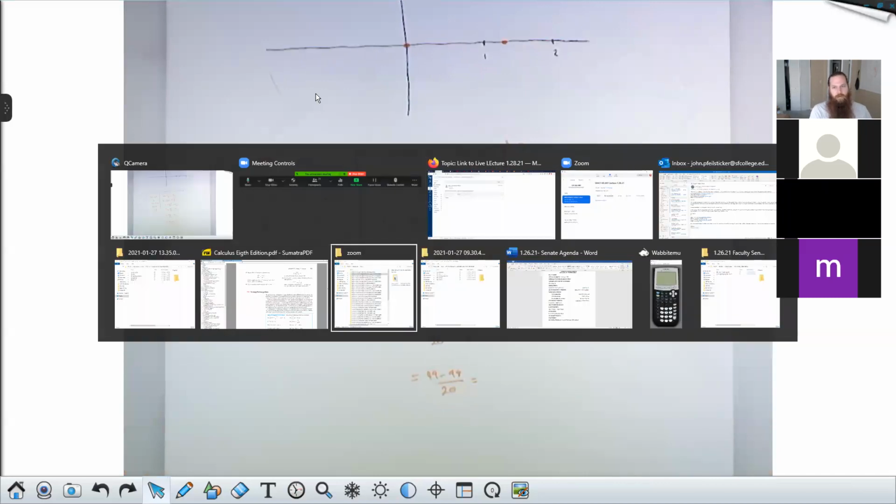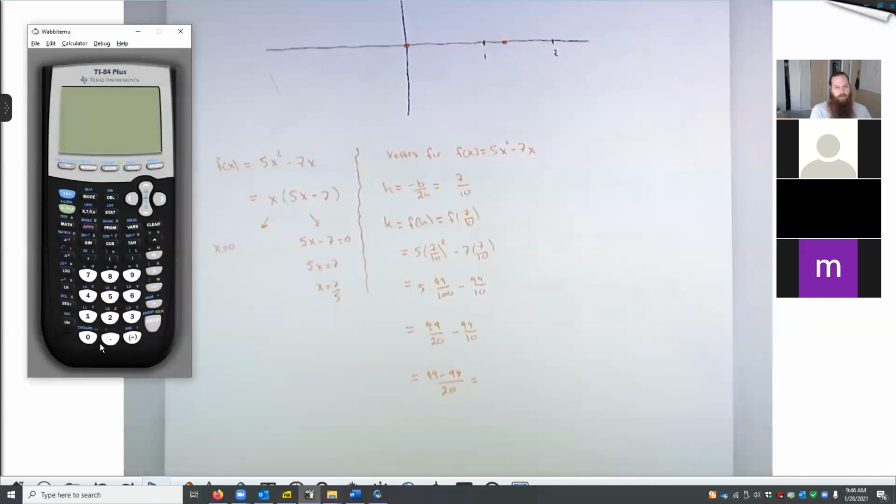We can double check our arithmetic. So we've got 49 minus 98. Hit enter here, it's negative 49 divided by 20. And there's not much we can do with this. If you ask for this back as a fraction, it's just going to give it to you as 49 over 20.